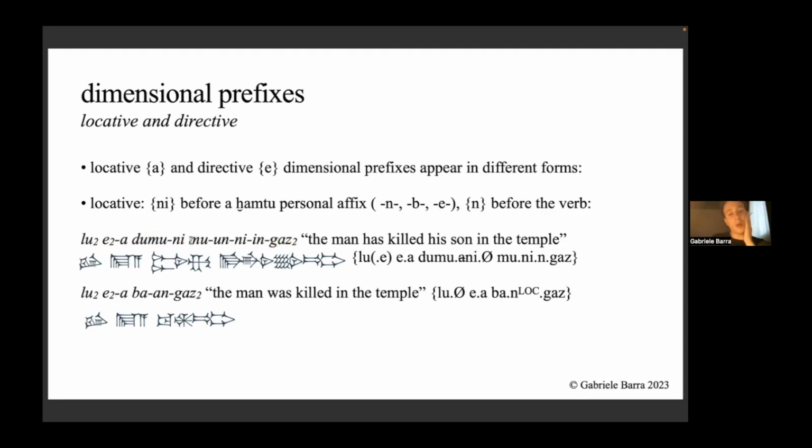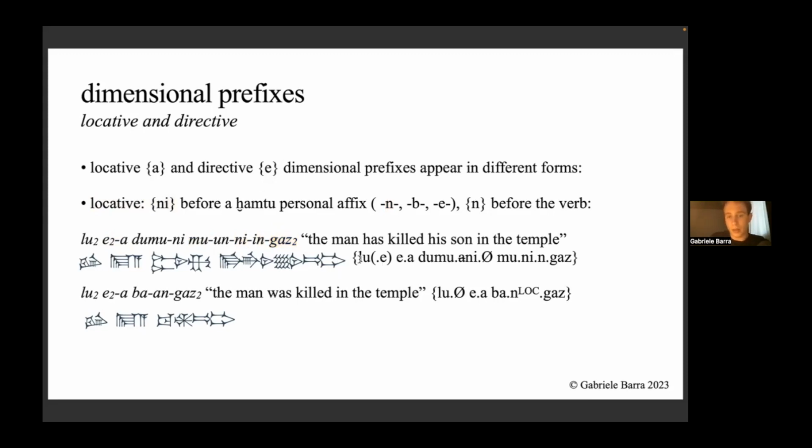So let's go bit by bit. Gats, the verb. Mu, the conjugation prefix. Then what do we have? We have an n, so the n here is the third person singular in the hamtu. And then we have ni, which is the locative, which refers back to in the temple.